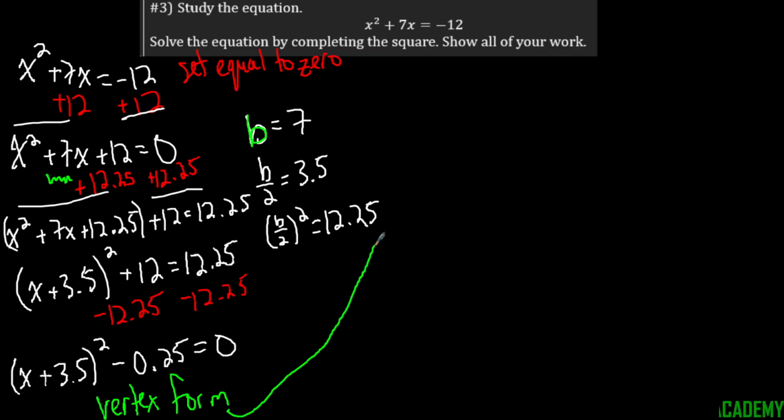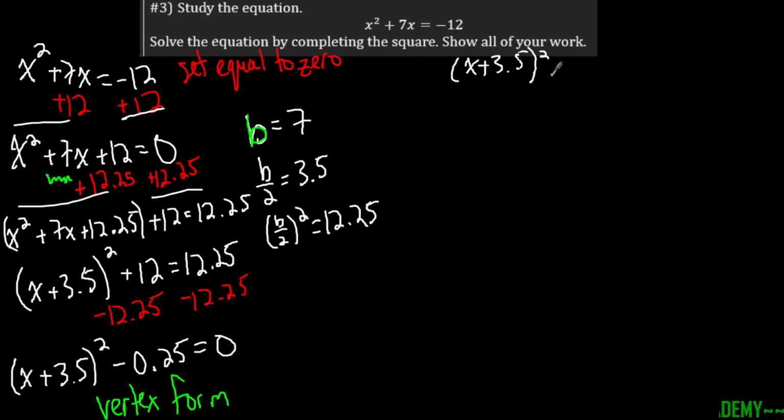Once we have our vertex form, we can start up here now. So now that we have a vertex form, I have x plus 3.5 squared minus 0.25 equals 0. Now I have to solve in my vertex form. So again, over here we did complete the square.